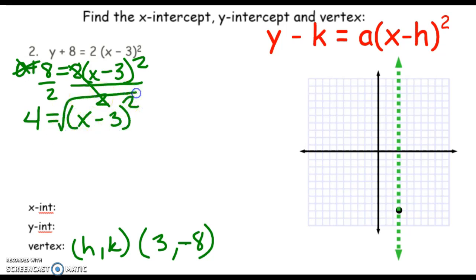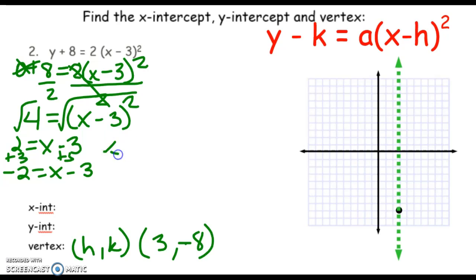I can find the square root of both, and here I have positive, which tells me I'm going to have 2 answers. So I'm going to have positive 2 and negative 2. So I'm going to have 2 equals x minus 3, and I'm going to have a negative 2 equals x minus 3. So if I add my 3 to both sides, I'm going to get x equals 5.